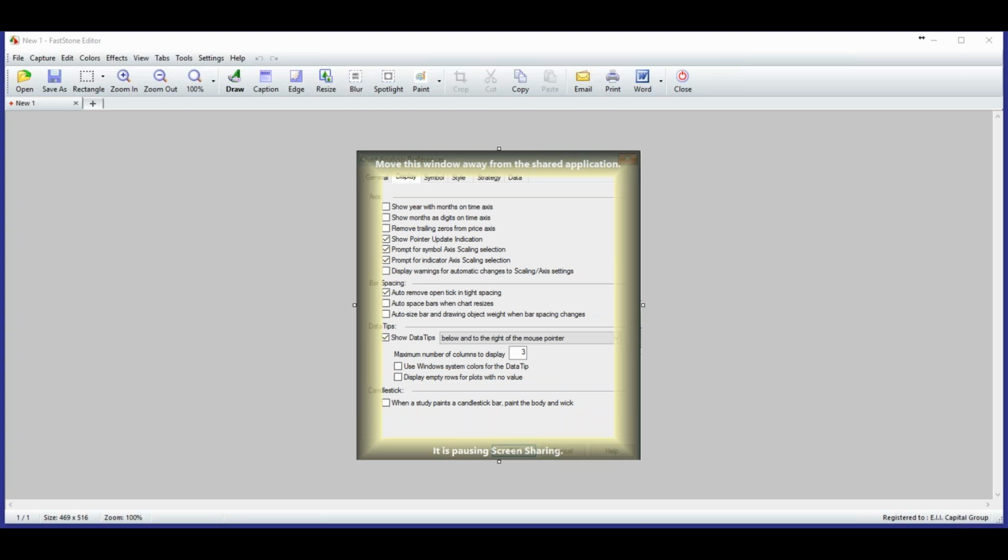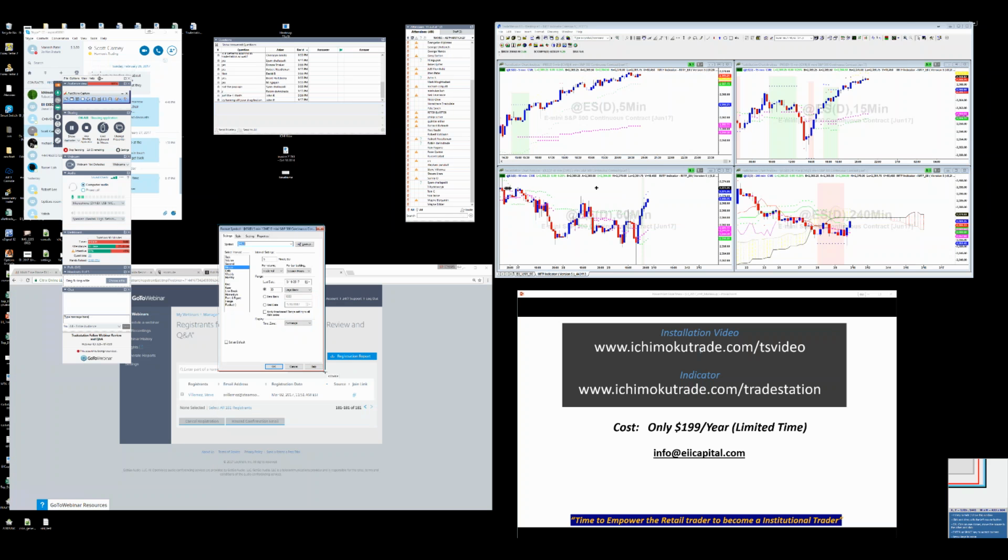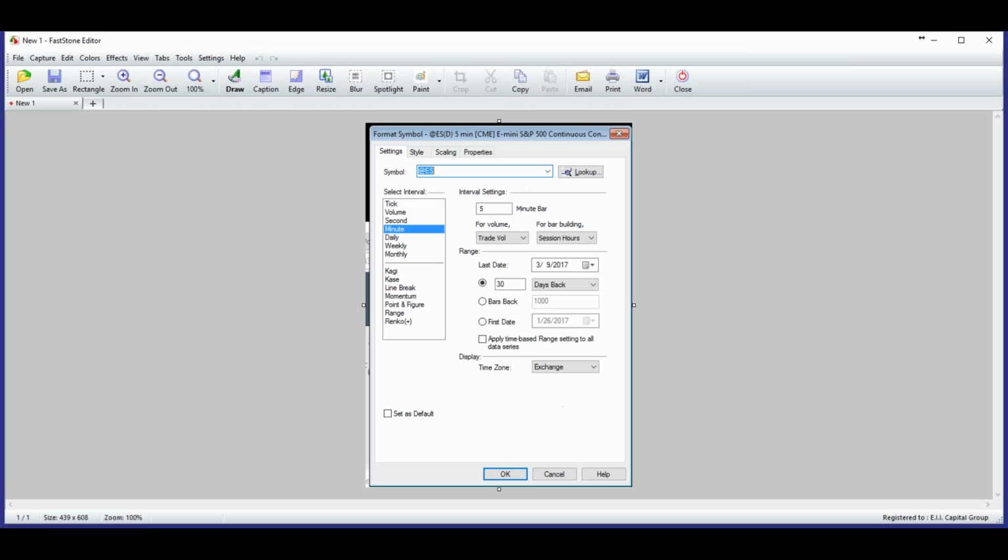The other thing I want to show you is, when you format this chart, if you don't see dots or crosses, you guys should see my screens here.